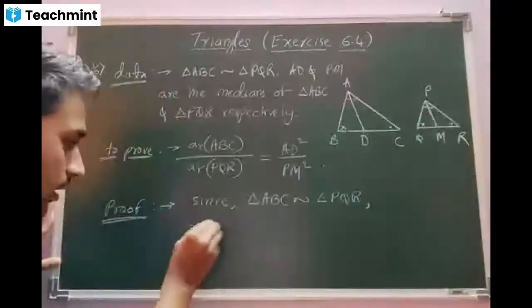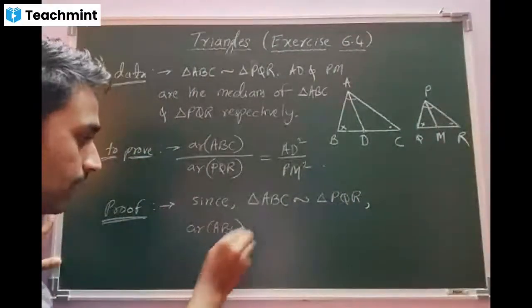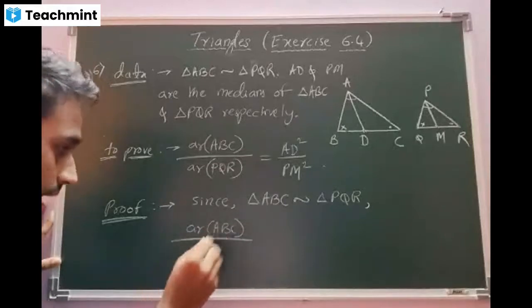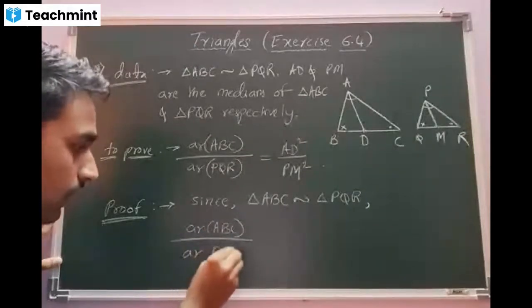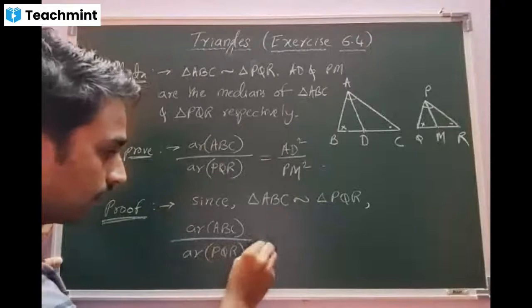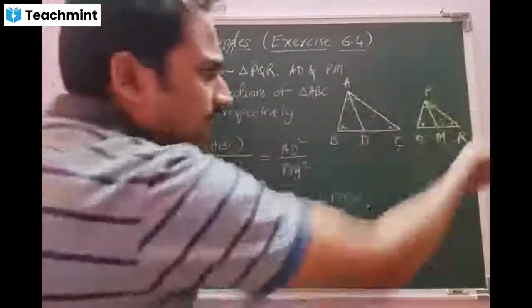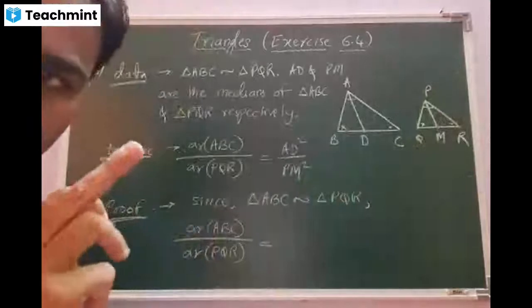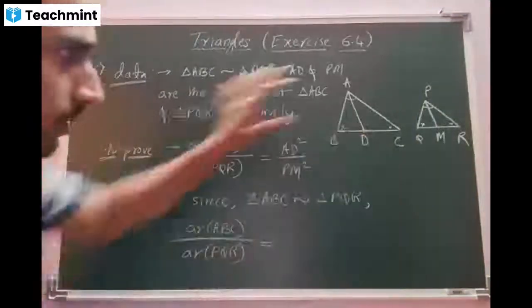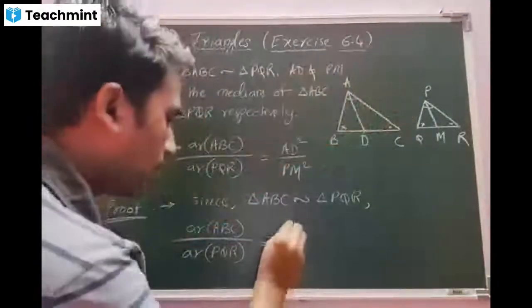I can write area of ABC by area of PQR is equal to, I can take one ratio out of three, I'll go for AB by PQ.